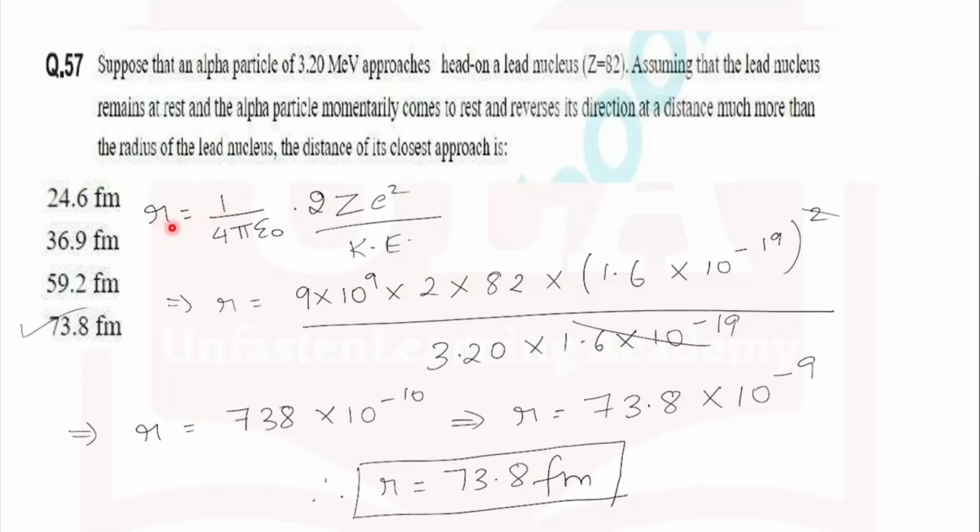So the distance of the closest approach is given by R is equal to 1 by 4 pi epsilon naught into 2 Z E square by kinetic energy. Z is nothing but the atomic number, E is nothing but charge on an electron.